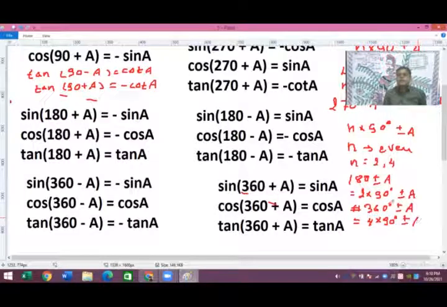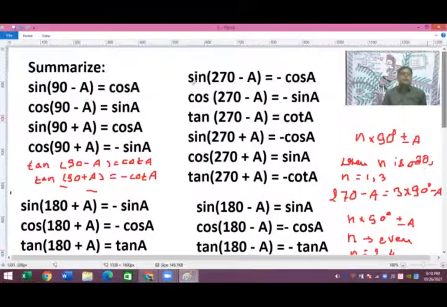Then you can see what happens when this sort of angle combination is according to the odd or even number times the 90 degree plus minus A: sine remains sine, cos remains cos, and tan remains tan, and this negative sign or positive sign depends on which quadrant the particular trigonometric ratio lies in. So always note that whenever you encounter an odd number of times 90 degrees, sine is converted to cos, cos to sine, and tan to cot.